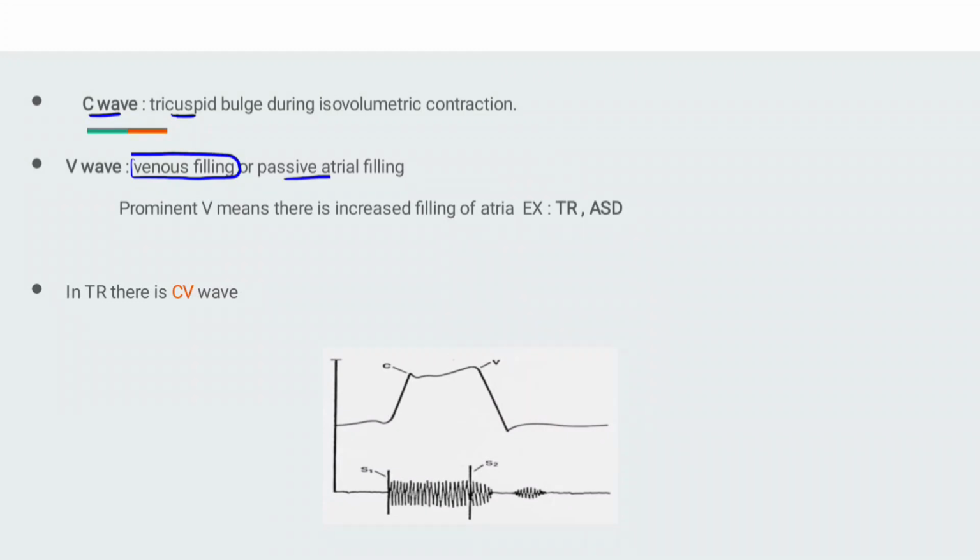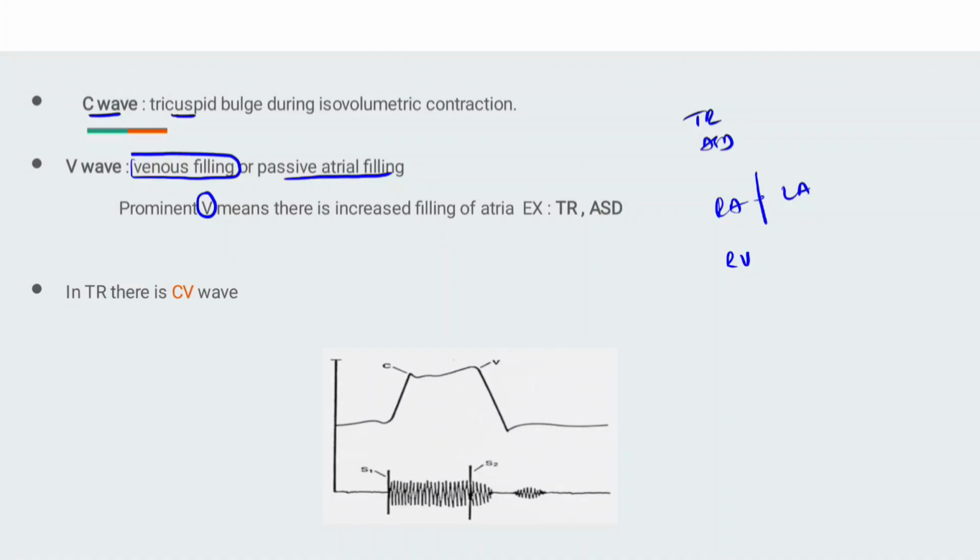So where can we get a prominent V wave? Prominent V wave means there is increased atrial filling, which can happen in two cases. For example, in tricuspid regurgitation and ASD. So this is the right atrium, this is the left atrium and this is the right ventricle.